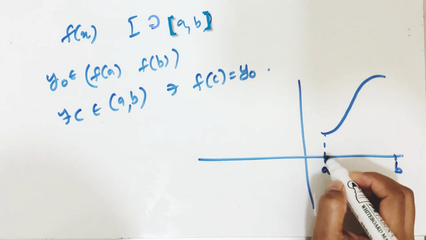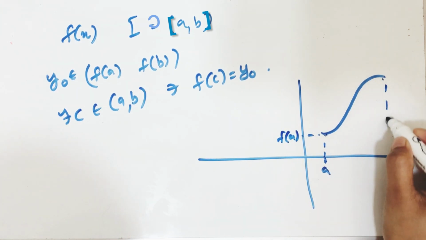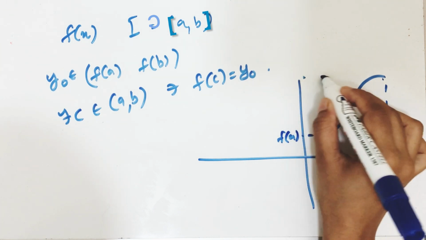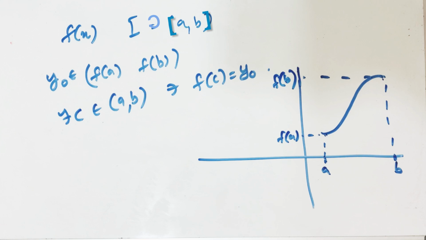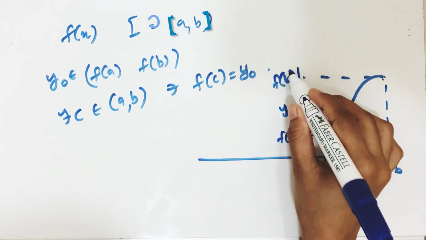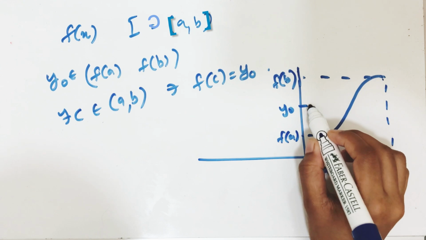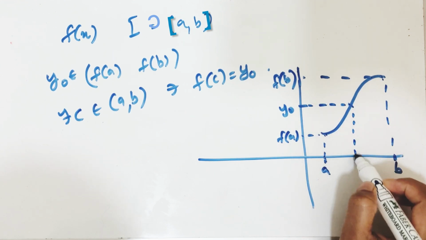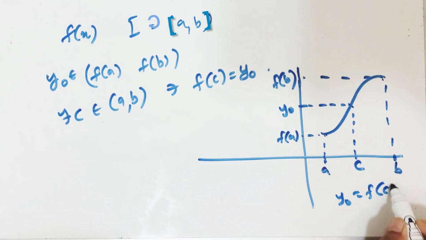Here this is f of a, and this is f of b. If we take any arbitrary point y0 in between f of a and f of b, there exists a c between a and b such that f of c is equal to y0. This is the intermediate value theorem.